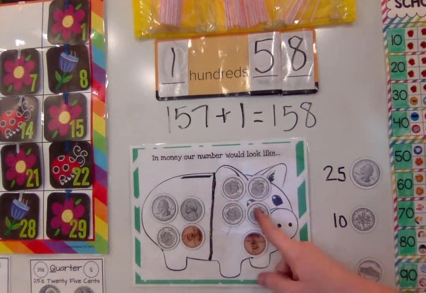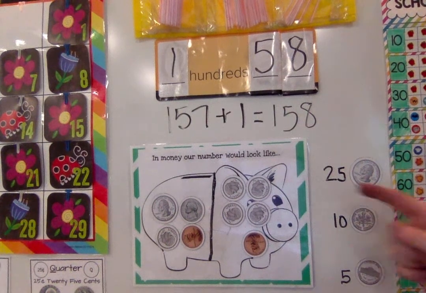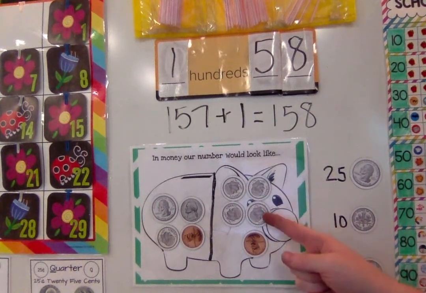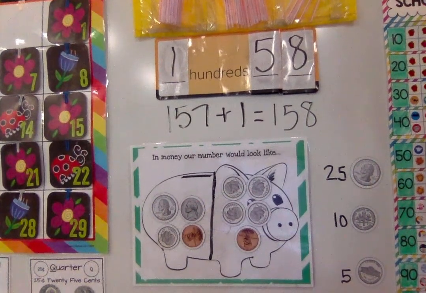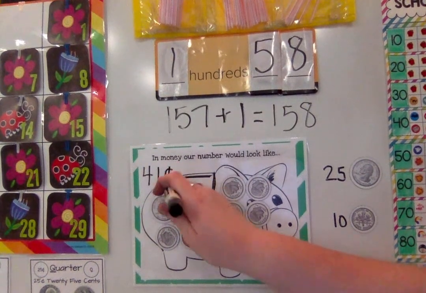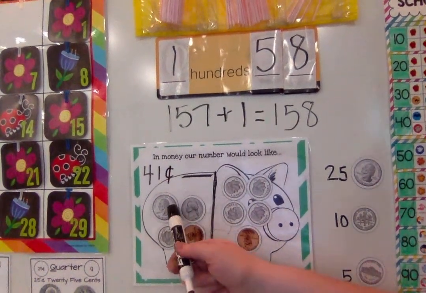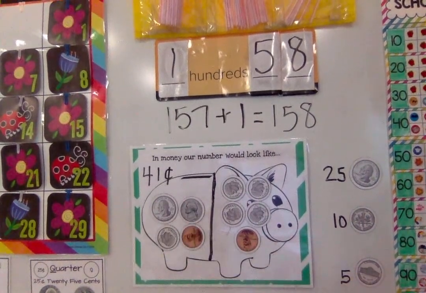We remember dimes are worth 10 cents. 10, 20, 30, 40. One more would be 41 cents.